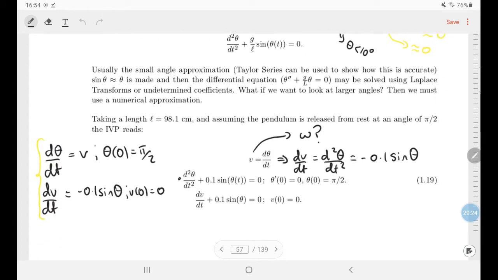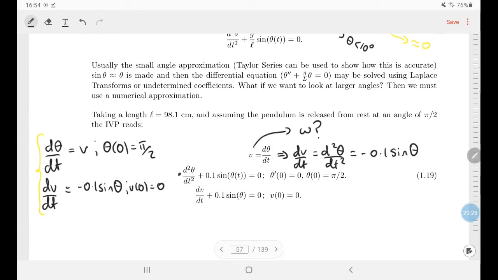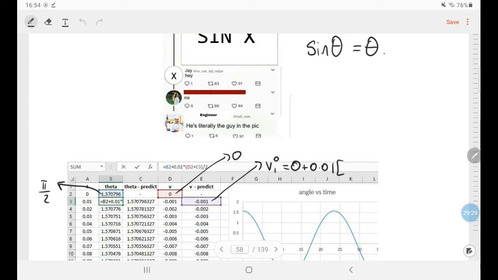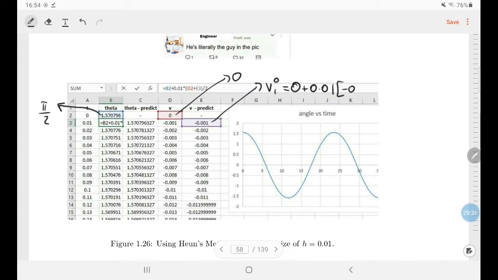And the derivative of v is minus 0.1 sine of theta. So this is minus 0.1 sine of the previous value of theta, which is pi over 2. And sine of pi over 2 is 1. So you get this value, minus 0.001.